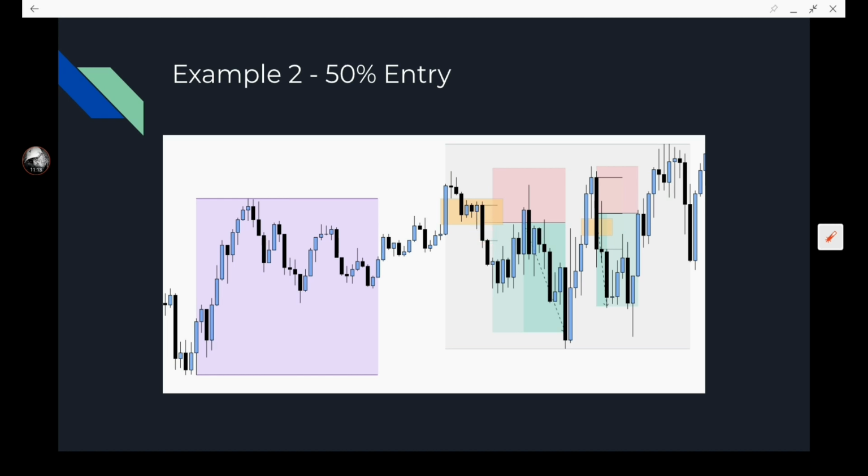Price closes with a huge candle here. This candle's range is huge, and if you sell here, the stop loss would be too wide. So we basically mark these candle's open and its candle's close. We enter off 50% and target 1 to 2, and our target is hit.